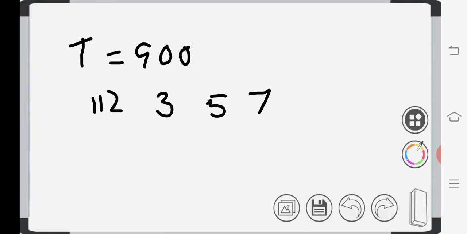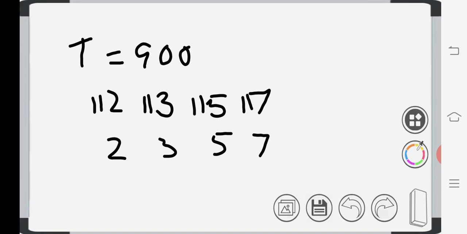Thus 2 becomes 112, 3 becomes 113, 5 becomes 115, 7 becomes 117. Then we can put 2 ones on the right of each number. Thus 2 becomes 211, 3 becomes 311, 5 becomes 511, 7 becomes 711.